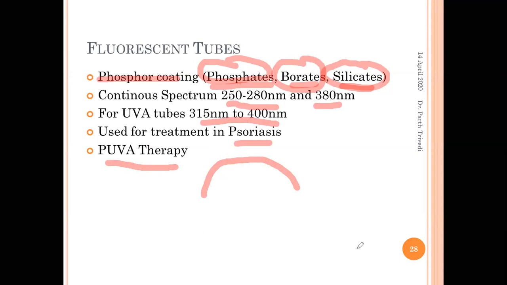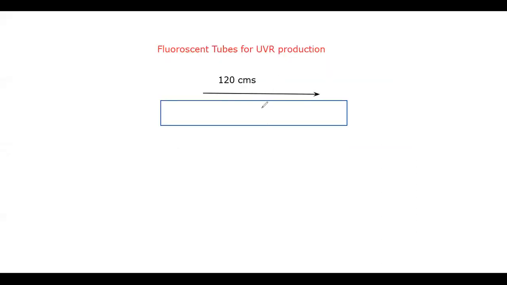Okay, so again going on to our whiteboard, stating it that these are 120 centimeters long, having a coating of what? Phosphor coating, which includes phosphates, borates and silicates. Clear? Okay, understood.